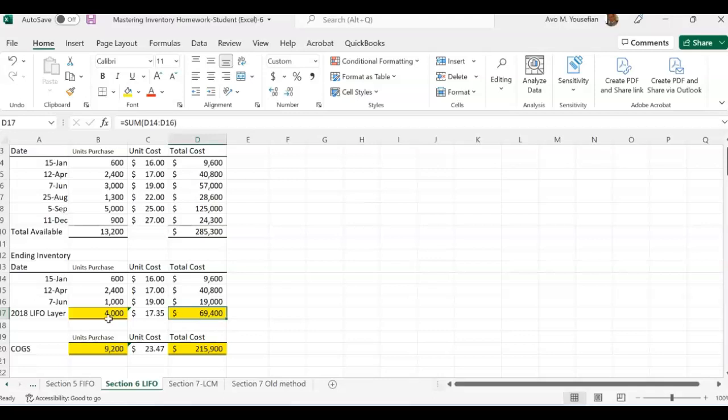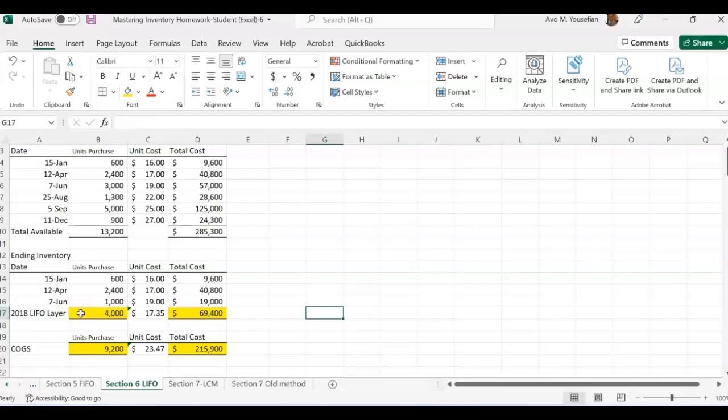$69,400 total, 4,000 units. And at this moment, we need the average cost. So the average cost will apply to the LIFO layer. So next year, the beginning 2019 inventory balance would be 4,000 units at an average cost of 17.35 with a total cost of 69,400.